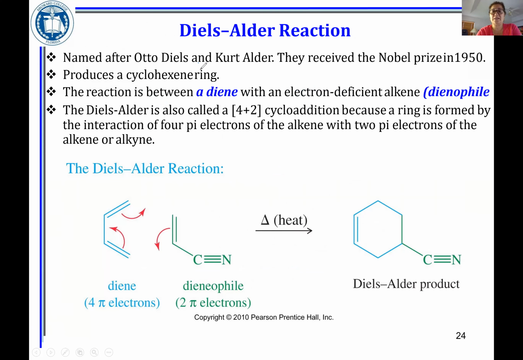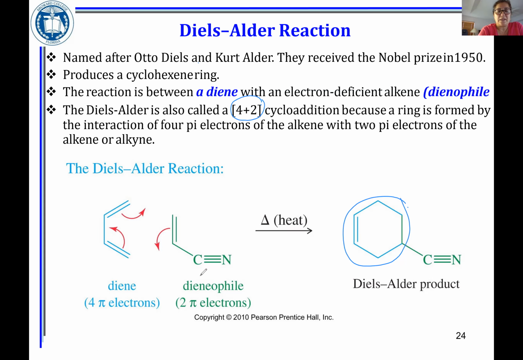That means a cyclic system is forming. There is another name for it, and it's called a 4+2 cyclization reaction. But when you talk about Diels-Alder reaction, both 4+2 and cyclization are kind of understood in the term.